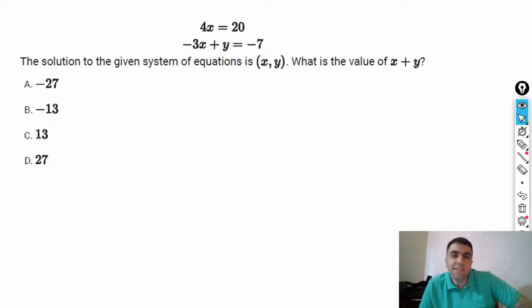The solution to the given system of equations is x and y. What's the value of x plus y?